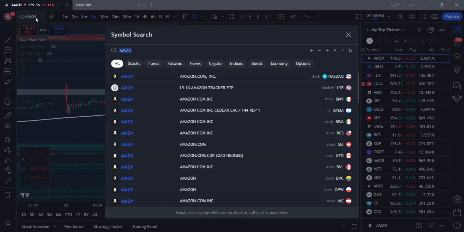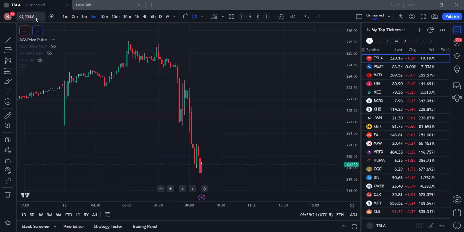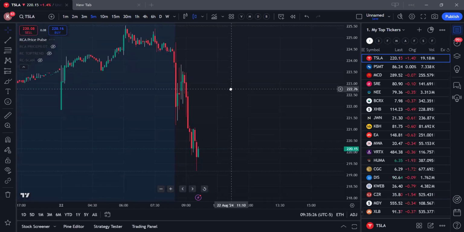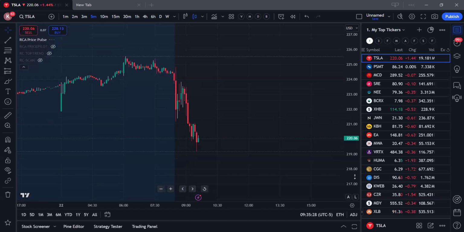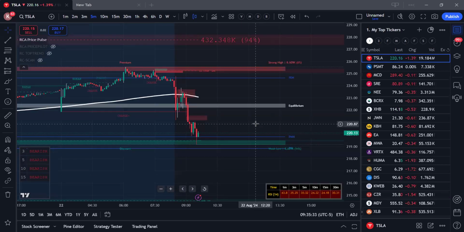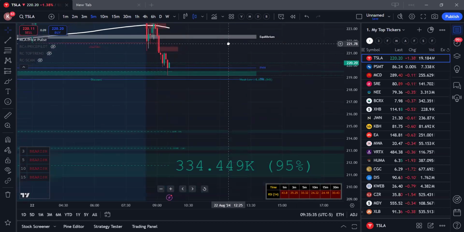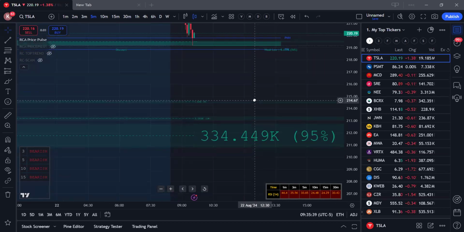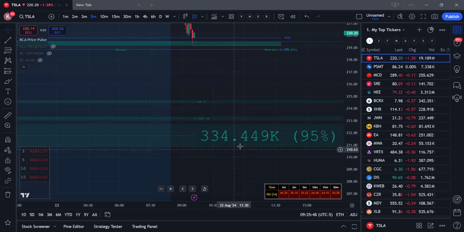Same thing if you look at Tesla. If Tesla comes to 212, that is the best time, right? You can buy some 20, 30 contracts because so many big players are buying the stock here, buying the option calls here.